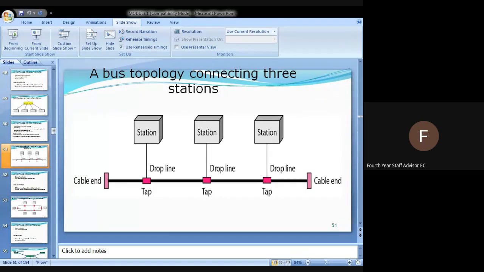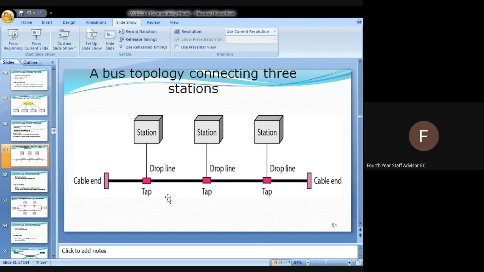What type of connection? Multi-point. I have told you many stations can be connected to a common link. So the bus topology uses a multi-point connection.